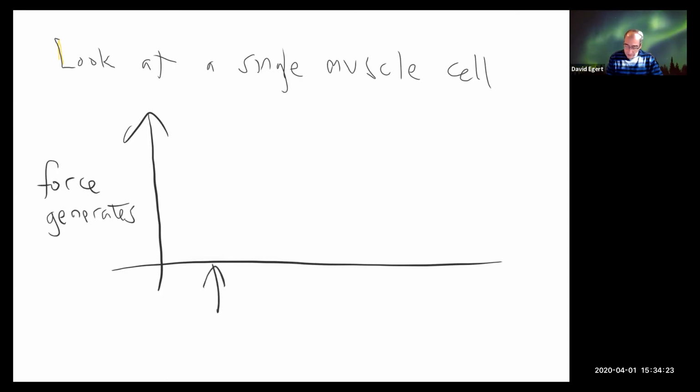And this is just going to be exciting the motor neuron. So you send a message down that motor neuron, excitation-contraction coupling, right? You send an action potential here, then it's going to create an action potential on the sarcolemma, which releases calcium. The calcium binds the troponin, moves the tropomyosin, the myosin head grabs onto the actin, and it pulls. And we just generated a little bit of force. There was a delay because it takes some time for all that process to happen.